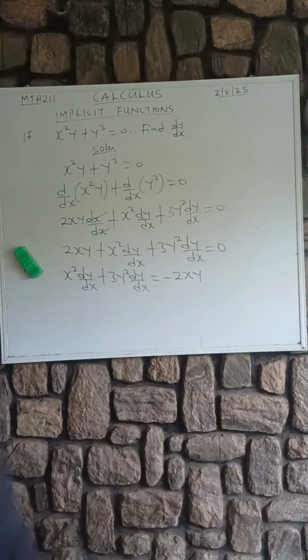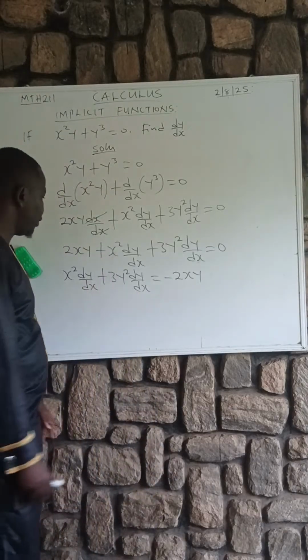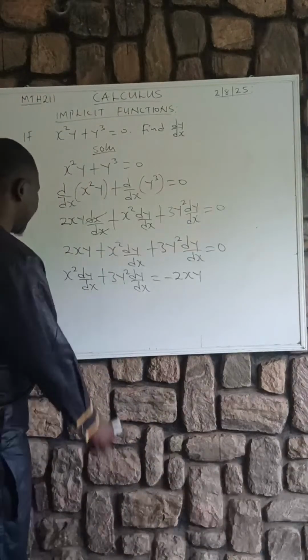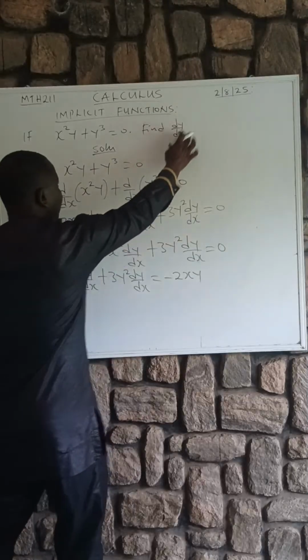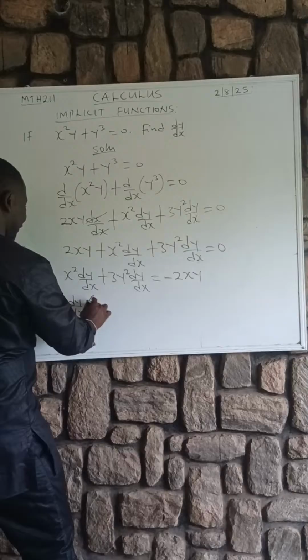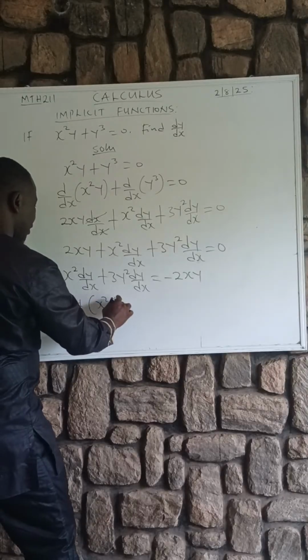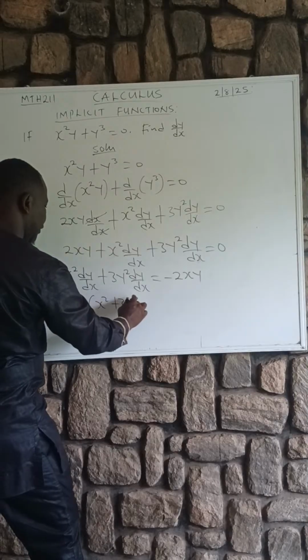Okay. As you can see, your left hand side, you don't need a prophet to tell you. Dy over dx is common. So you factor it out so that we'll be able to find dy over dx. Here will be dy all over dx, open bracket, x squared plus 3y squared. Amen?